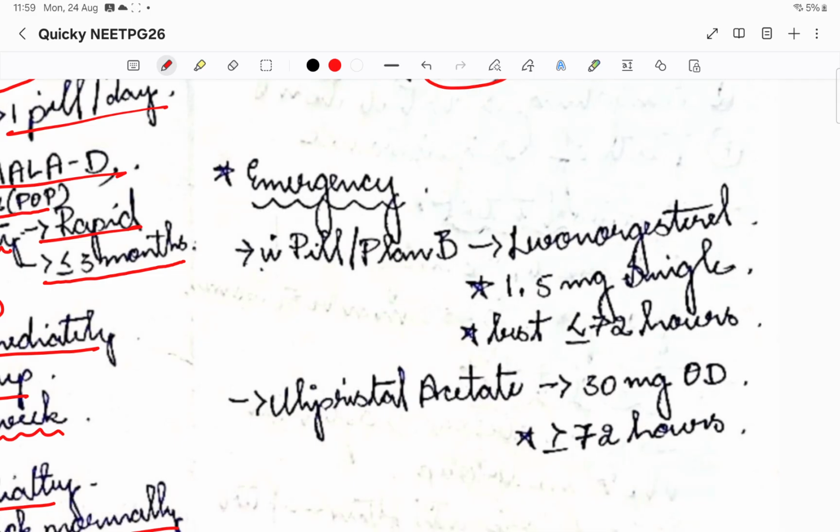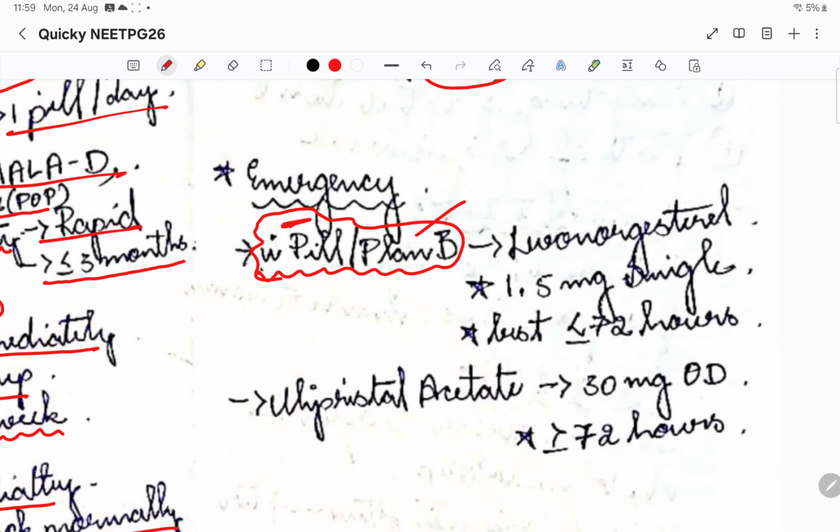That is when we'll give emergency contraceptive. We all know I-pill and Plan B, we would have seen these in our spotters. Plan B elsewhere in the world; in India it is traded under the name I-pill.